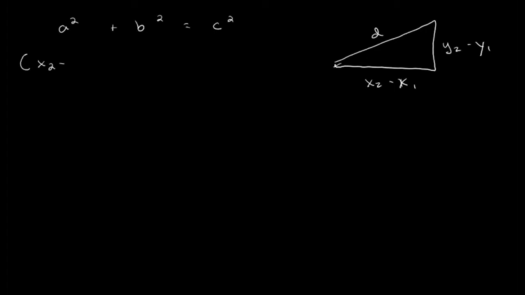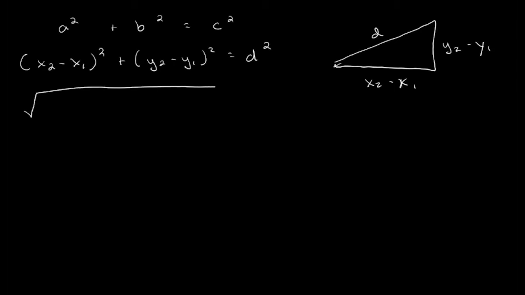So we have x2 minus x1 squared plus y2 minus y1 squared equals d squared. All we want is d, so you simply take the square root of both sides, and that's where we get the distance formula. It's actually quite simple once you know what's going on. If you always forget how to find the distance formula, just remember it's coming from the Pythagorean theorem.